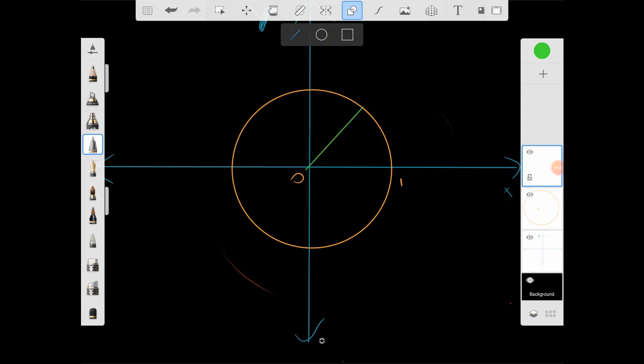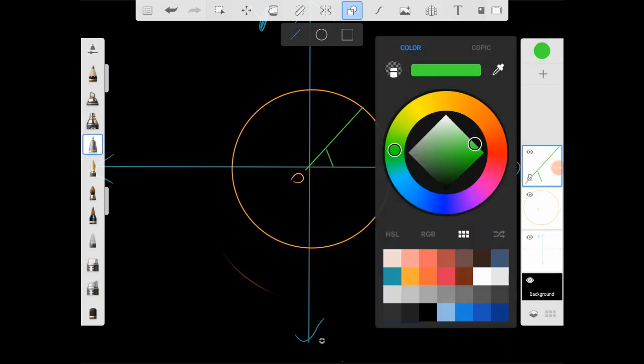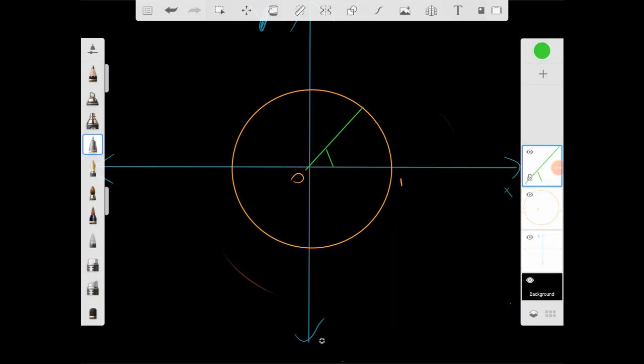This makes an angle of around, maybe, 45 degrees. But the question is, will my sine be positive or negative here? Let this angle be theta. Will the sine and cos be positive or negative? That is what I want to know.